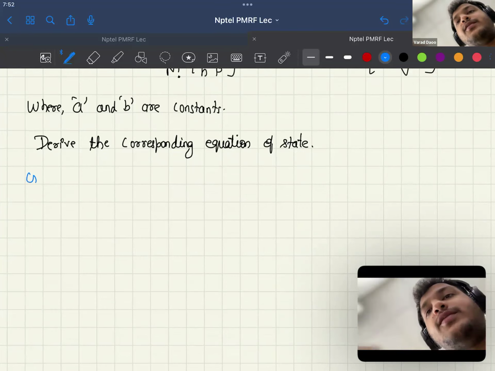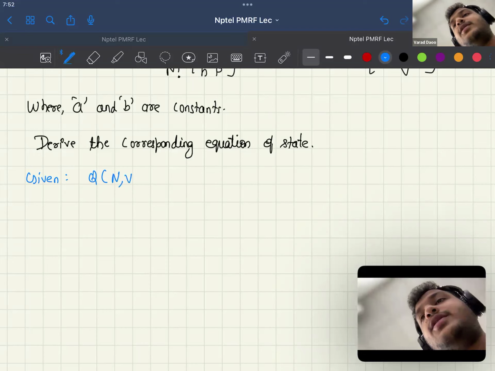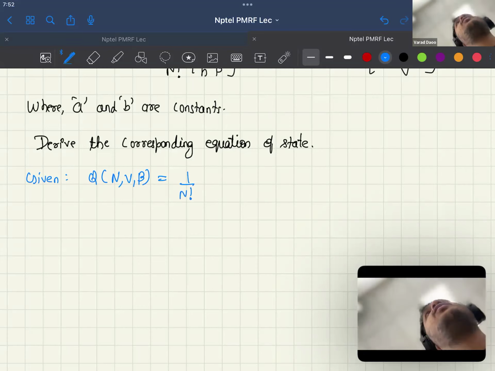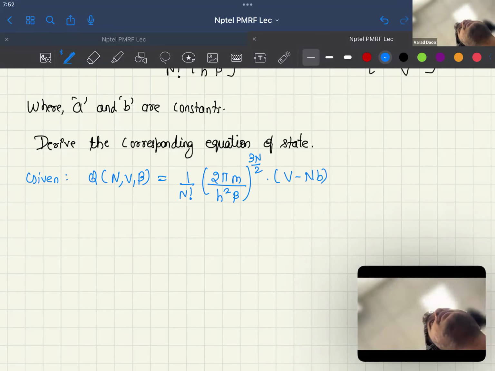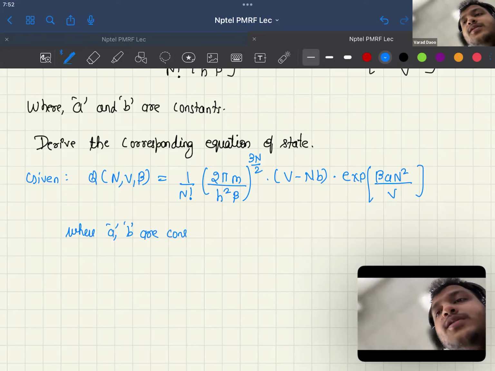Okay. So what we are given is Q(N,V,β) = 1/N! × (2πm/h²β)^(3N/2) × (V − Nb) × exp(βaN²/V), where a and b are constants.